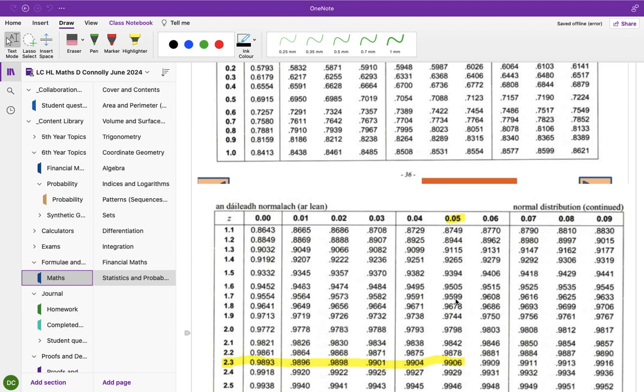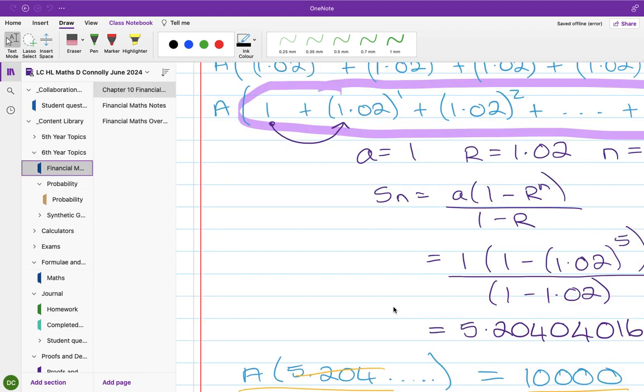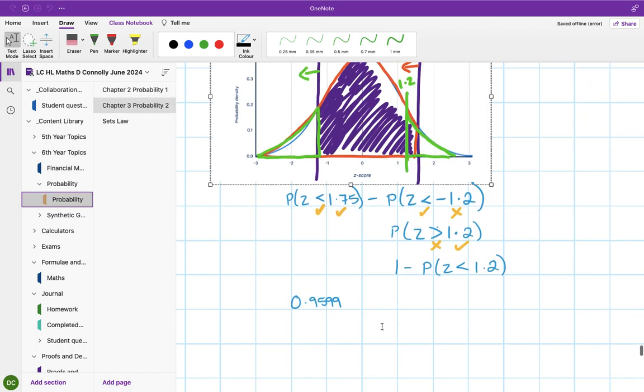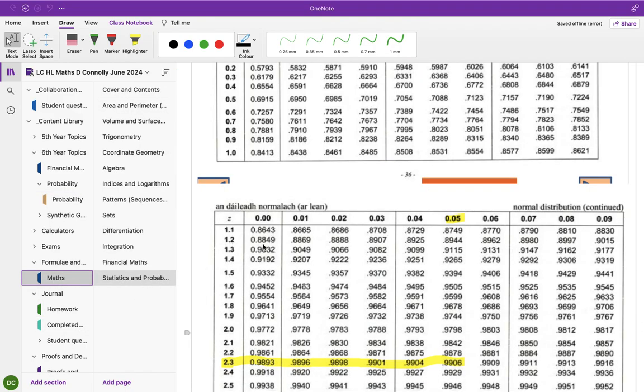Then it's minus, and then I've got a little sum following, so I'm just going to put a bracket. So it's 1 minus, and then I'm going to look up this one, which is 1.2. So 1.2 is there, 0.8849.